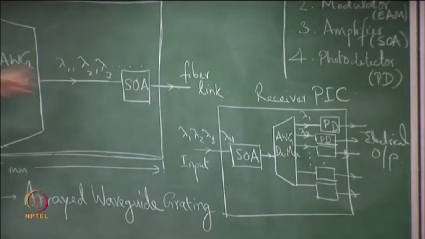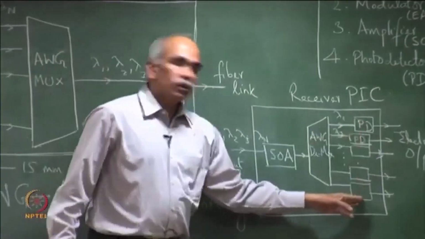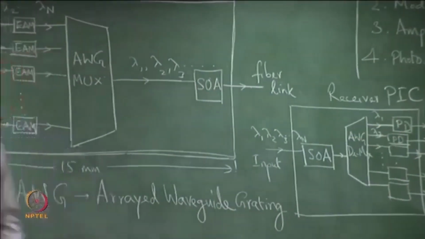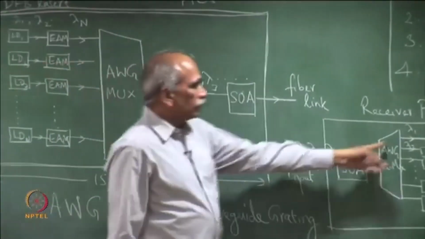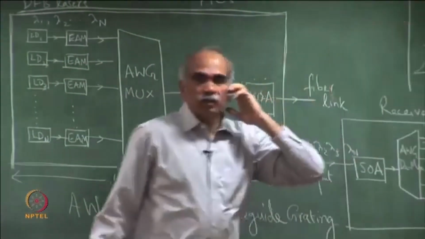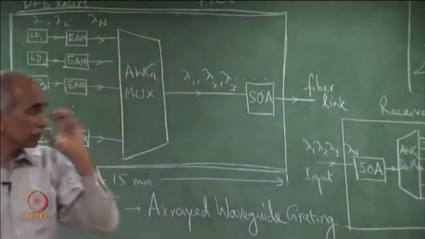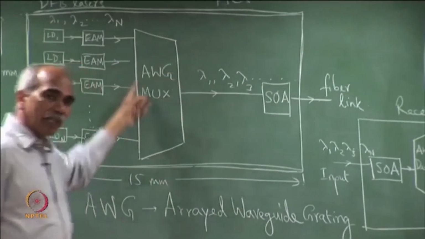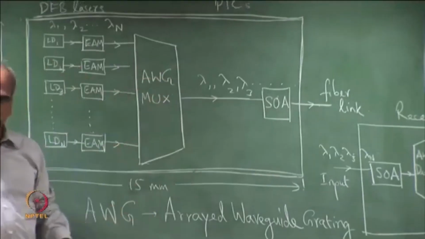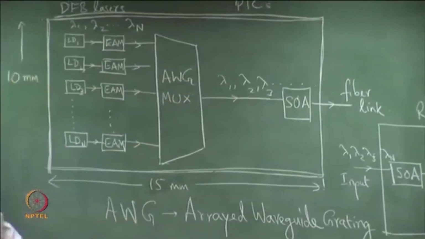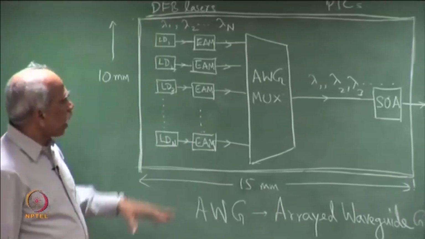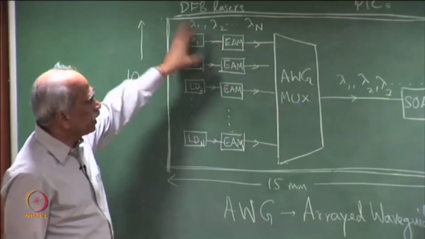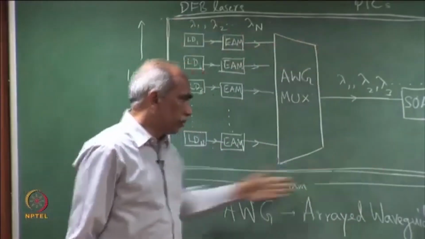As we can see, almost all the components of a modern transmitter and receiver, we have discussed the basic building blocks in this course, except the AWG MUX, which is a passive waveguide device. Currently there are hundreds of such components integrated on a single chip.